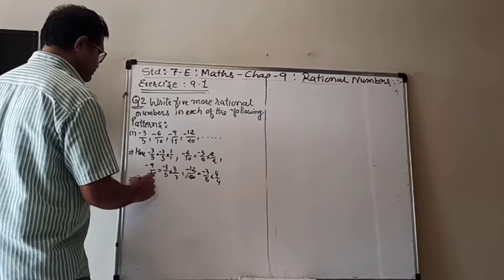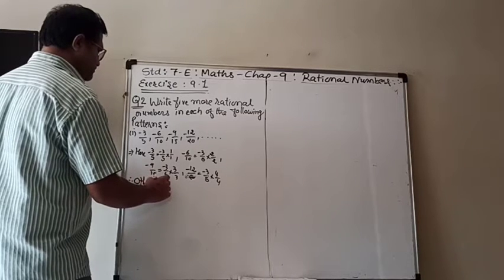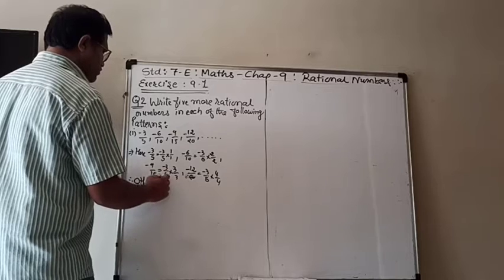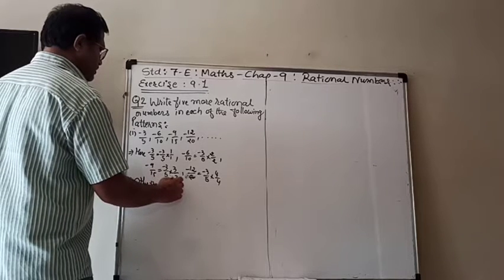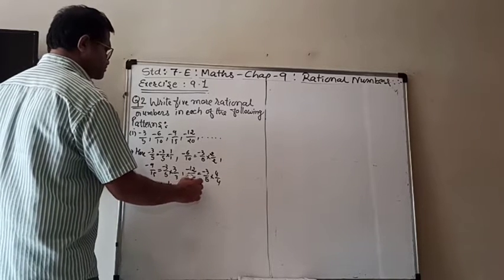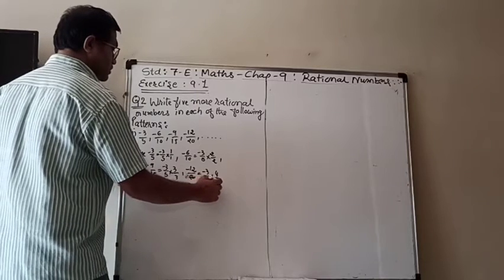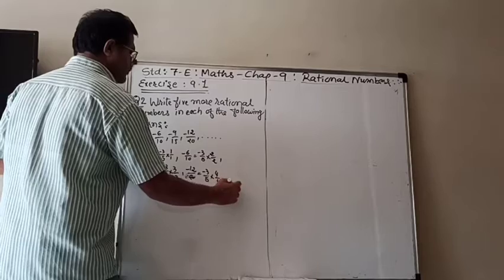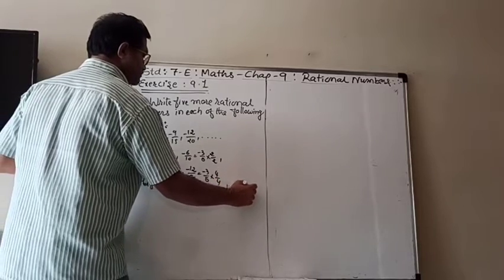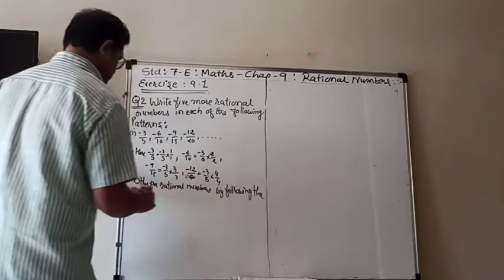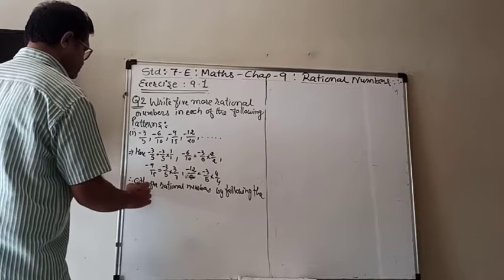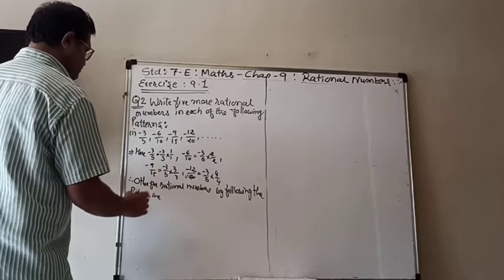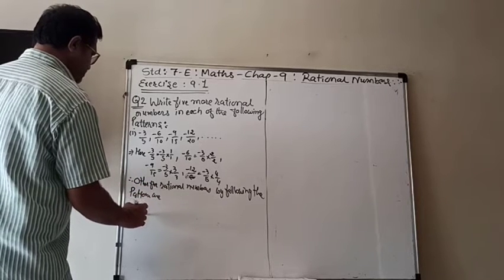Therefore, the other 5 rational numbers following the pattern are: minus 3 by 5.